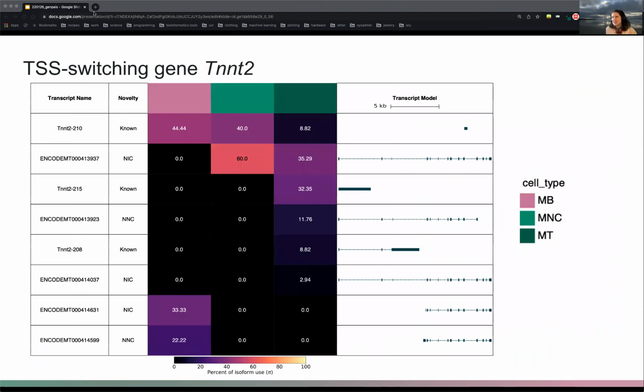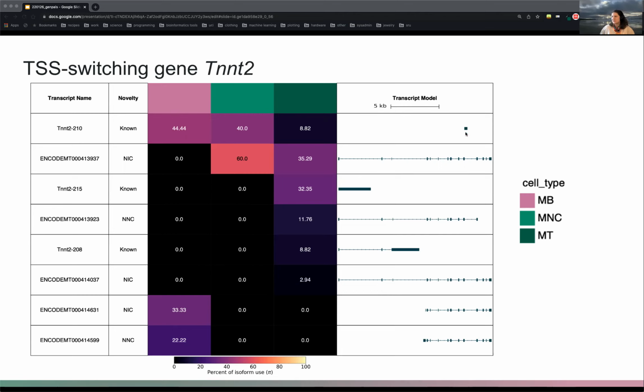And just one more example of what one of these reports look like. This is actually the gene that we chose to highlight in the paper that this data comes from. This is another transcription start site switching gene called TNNT2. And similarly to the previous gene, it basically is showing that there's a high preference in the myoblasts to express these really short isoforms.